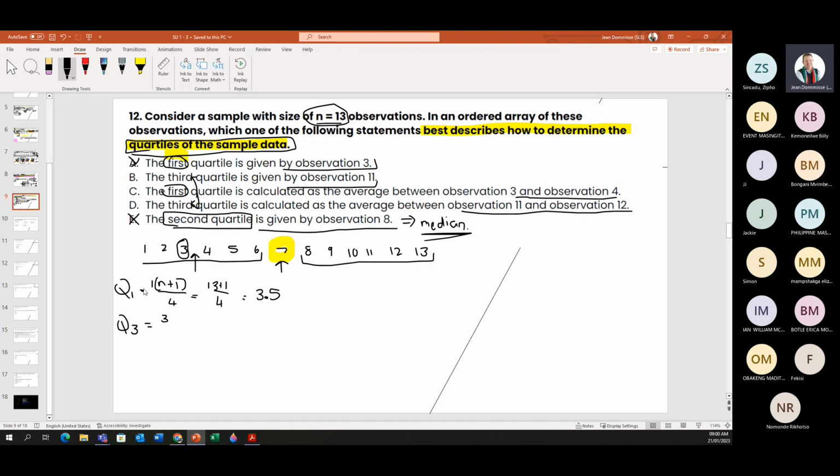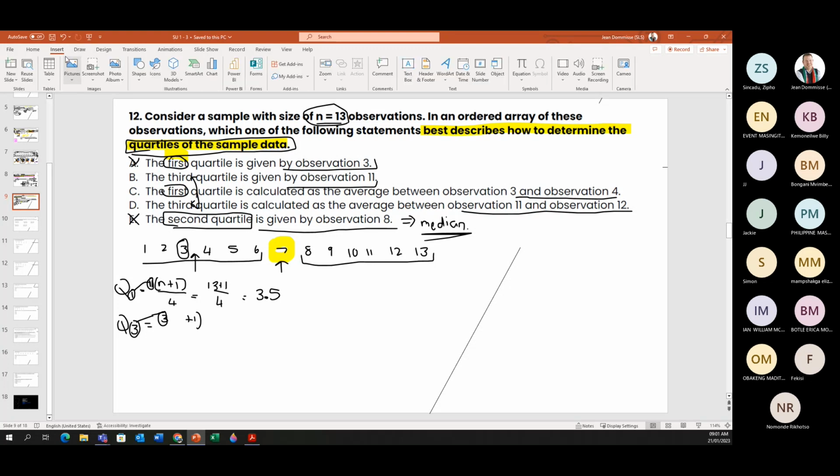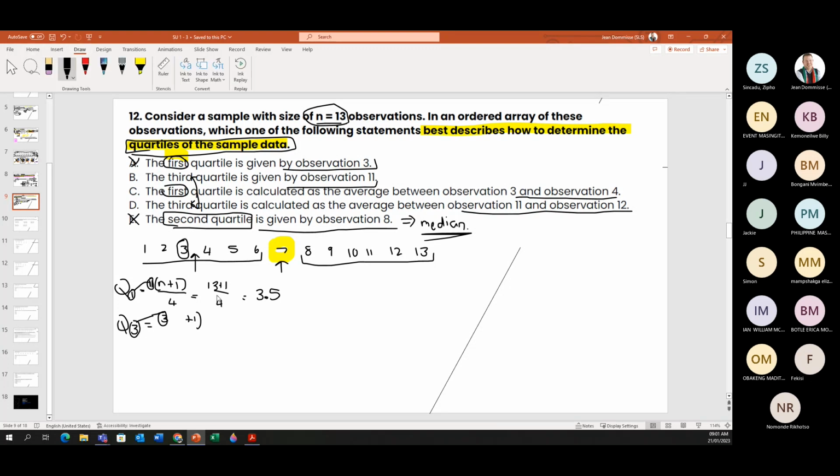How I remember this as well: with the Q1 formula, we don't really write the 1 in front of it, but there's a 1 in front. So for Q3, there's also the 3 in front. So it's n plus 1 divided by 4.